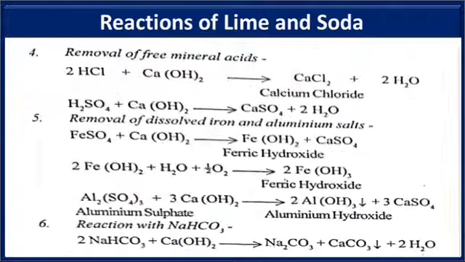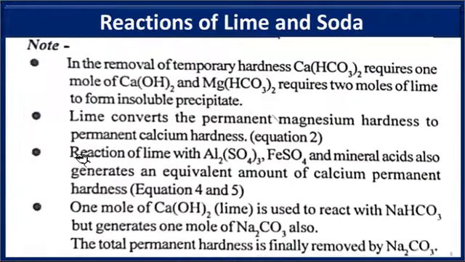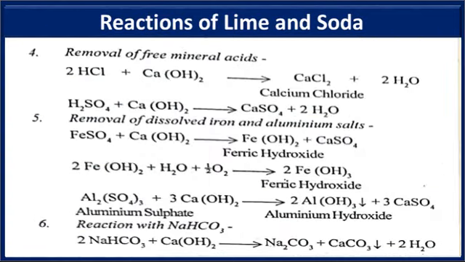So lime converts permanent magnesium hardness into permanent calcium hardness, which further requires soda for removal. The reaction of lime with aluminum sulfate, iron sulfate and mineral acids also generates an equivalent amount of permanent calcium hardness, for which soda is required for its removal.